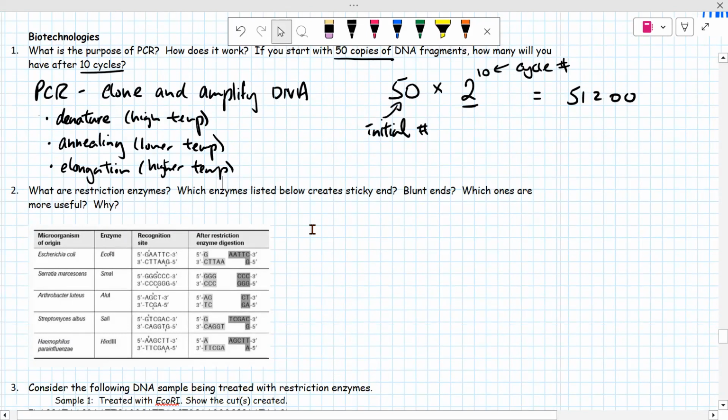You don't have to describe it, you just have to understand. If I ask why we need Taq polymerase, you tell me it's because we have to heat it to a very high temperature to denature the DNA, and that's why you need an enzyme able to withstand the high temperature. It's not going to break down.